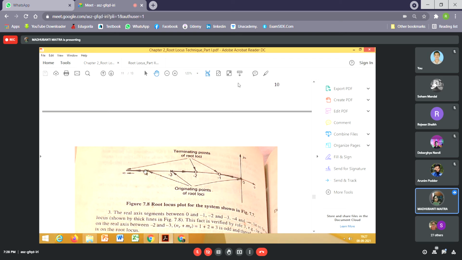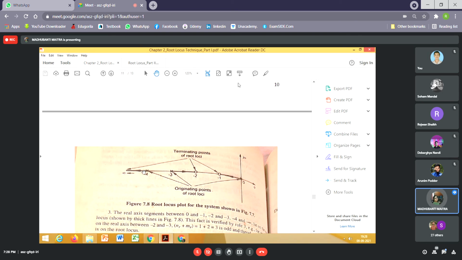So these are the three open loop poles. We know that three root branches will originate from these three open loop poles when the value of gain K is equal to 0. So this is one root branch, this is another root branch, this is another root branch.